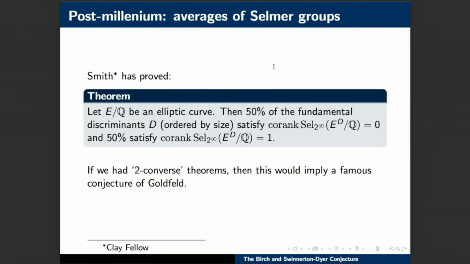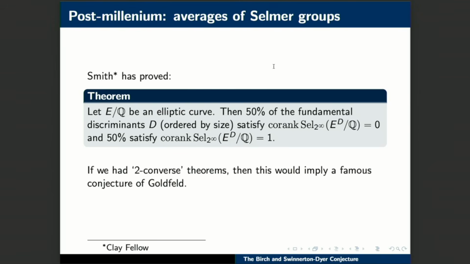But 50% of them should have Selmer rank 0, and 50% should have Selmer rank 1, which then, if we believe Birch and Swinnerton-Dyer, would say that 50% of the corresponding L functions vanish to order 0 or order 1, which was a famous conjecture of Goldfeld. So this is the algebraic analog of that conjecture of Goldfeld.